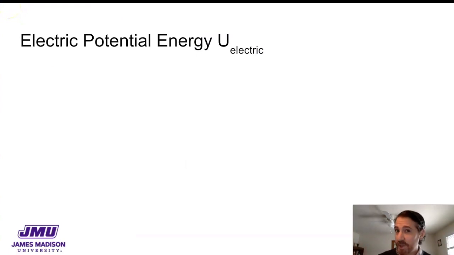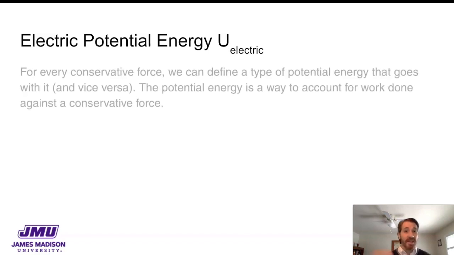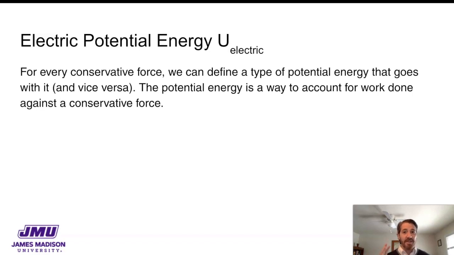Okay, before we start trying to solve problems by taking the electric potential energy and the kinetic energy and relate them to one another, what I'd like to do is remind you that the idea of potential energy is to say we want a simpler way to deal with the work being done by or against a conservative force. So every time there's a type of conservative force, we can name a potential energy.